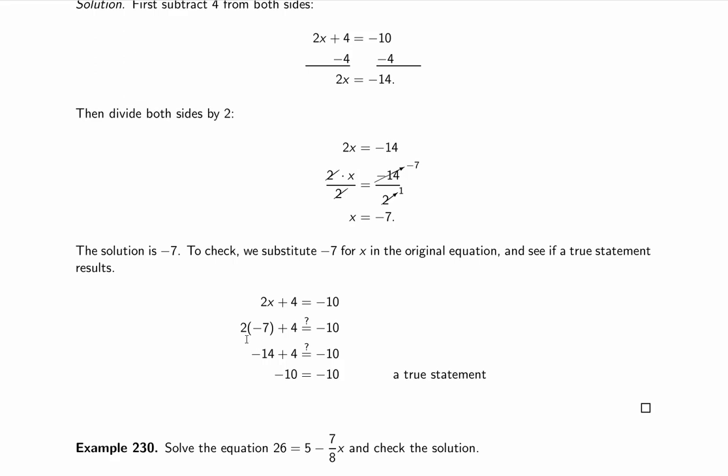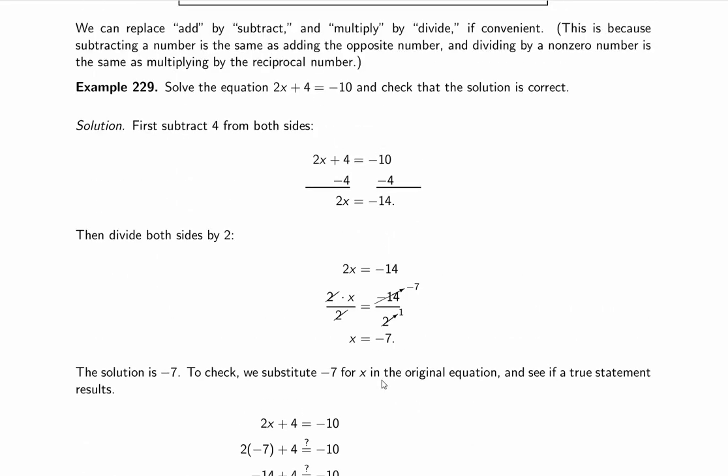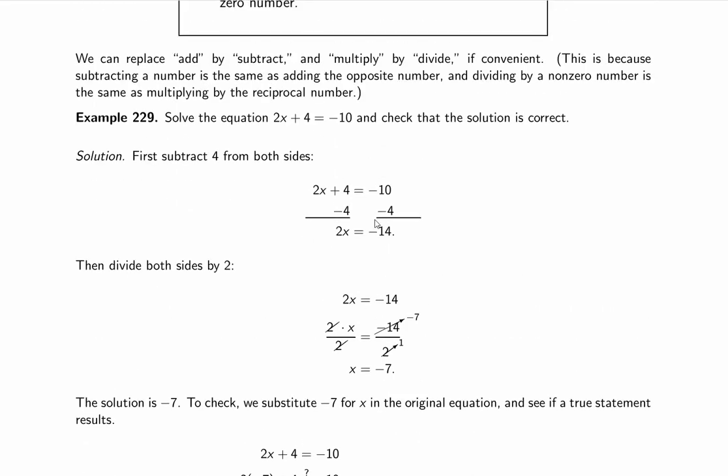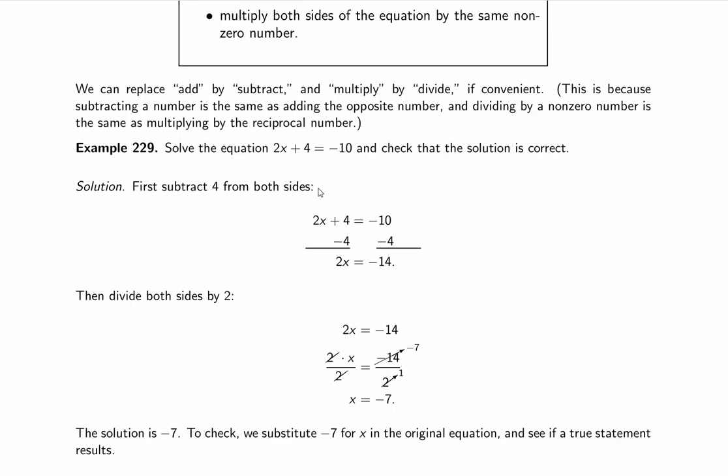Working out the left, it's multiplication before addition, so that's negative 14 plus 4. And yes, that is negative 10. So that worked, that's our solution checked out. So x equals negative 7.